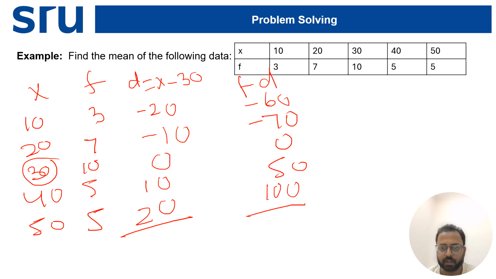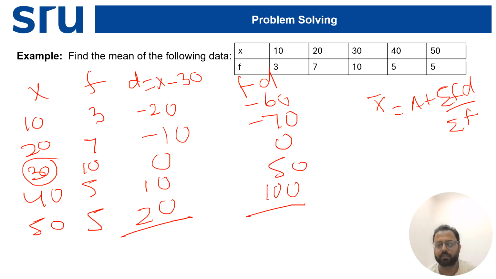Next we take the sum, because we are going to use the formula x bar is equal to a plus sum of f into d divided by sum of all frequencies. Minus 60 minus 70 is minus 130, and plus 50 plus 100 gives 150, so the sum of f into d is 20.